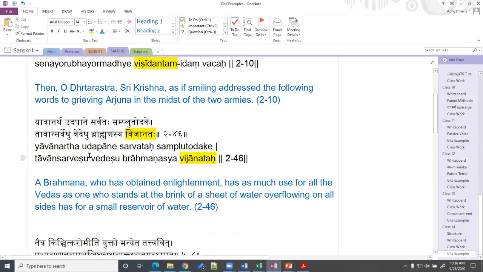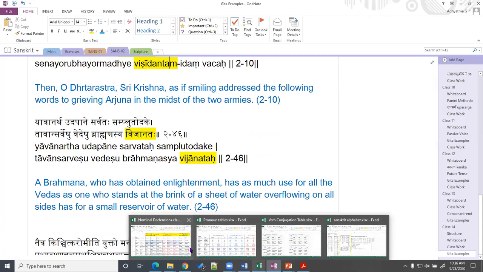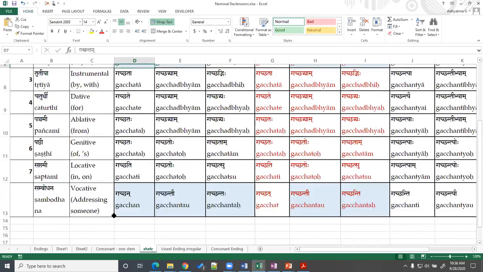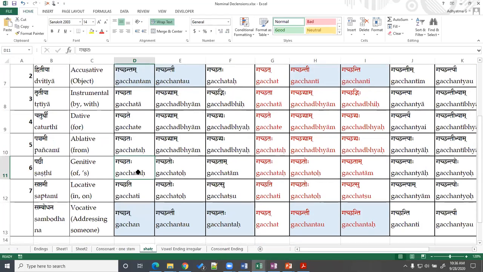Then here in the 2.46, Brahmanasya Vijanatah. If you look at the sixth case singular, it is Gachatah.